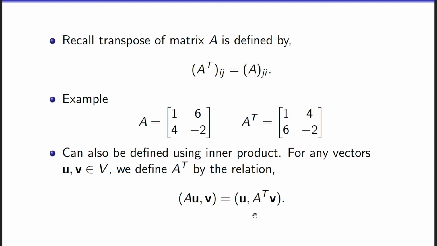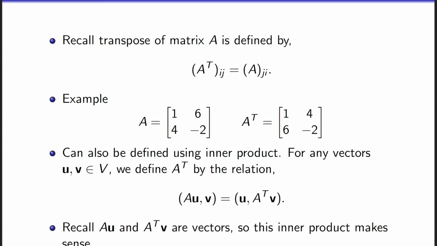This equation is stating that the inner product of Au with v is equal to the inner product of u with A transpose v. Remember that Au and A transpose v are both vectors themselves. So this is really just the inner product of two vectors with each other on either side of this equation.